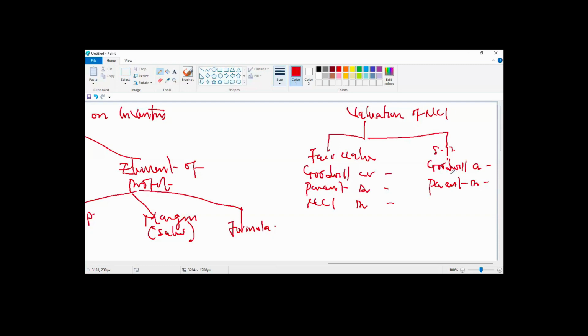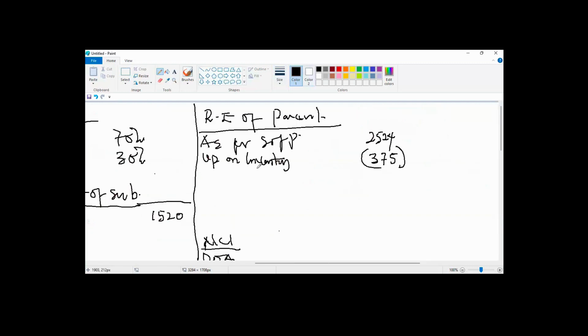Therefore, the parent will suffer the impairment. I'll credit the goodwill, even though I've not known the value of my goodwill. That does not stop me from posting. I'll go to the parent: you will suffer this impairment, you are the owner of the goodwill. I'll go and credit the goodwill.